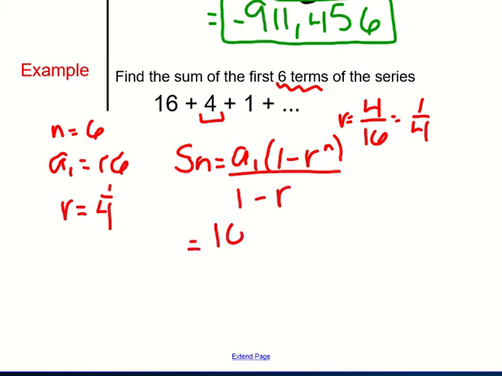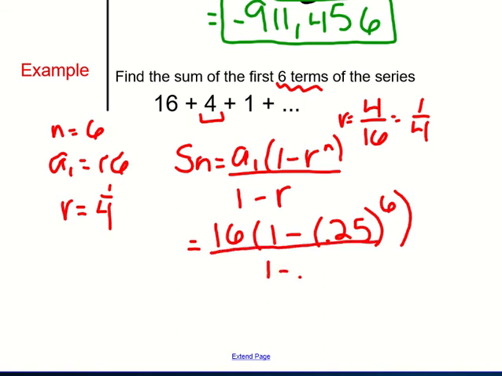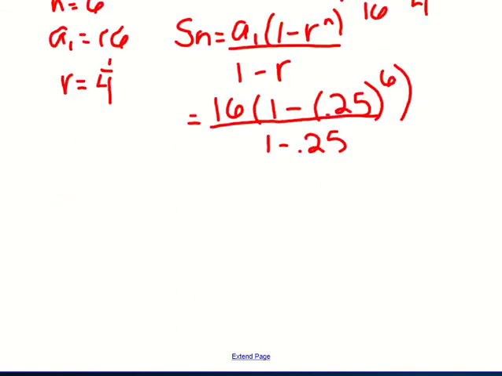I know 16 is my first term. I have 1 minus my ratio, which you can put as a decimal or a fraction, it does not matter, all over 1 minus 0.25.